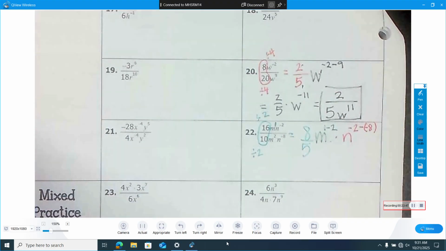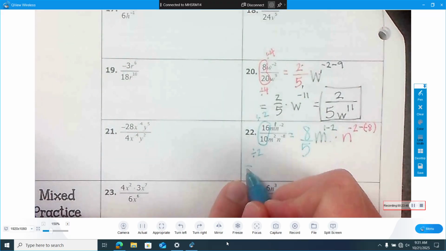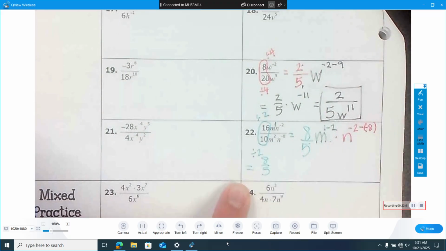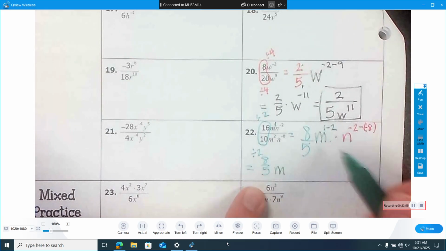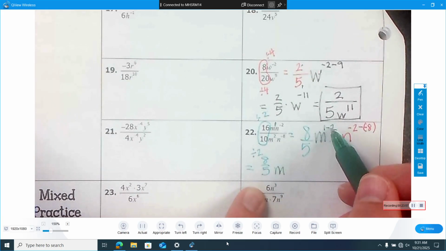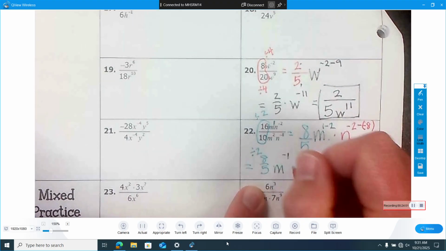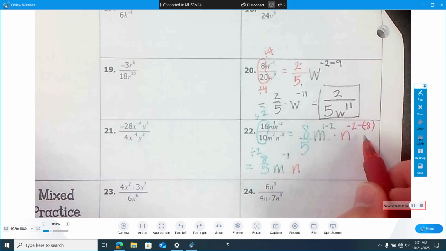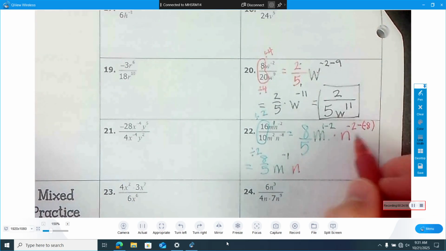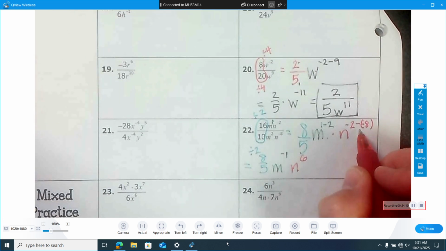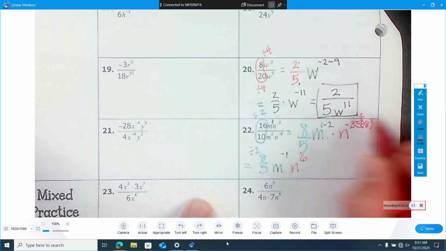All right, so I have my 8/5 in front. This is m to the what power? Negative 1. Good. And then n to what power? Not negative 6. 6, yeah, 6. Minus a negative turns to plus.